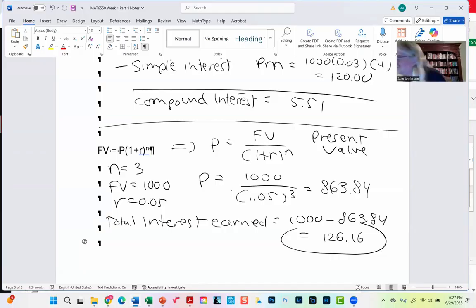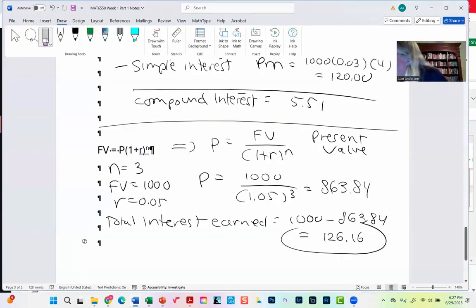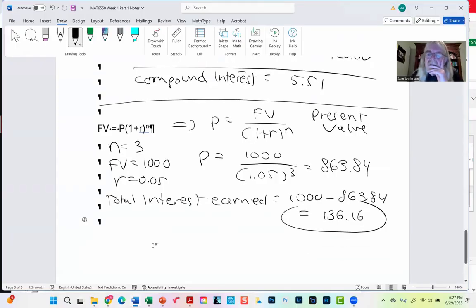Nope, sorry, it's 136.16. That's what I get for doing it in my head, I tell you. Okay, so that means by saving, I'm earning 136.16 worth of interest to guarantee that I'll have my $1,000 in 3 years. Or think about it in terms of investments: having 863.84 now is equivalent to having $1,000 in 3 years.